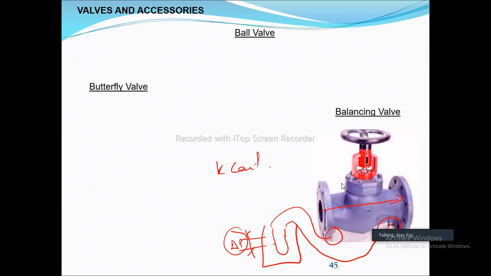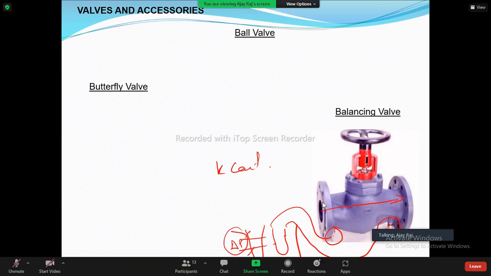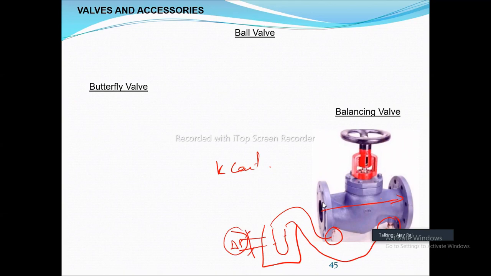So if I put a balancing valve, that balancing valve will ensure that in any circumstance, the flow across the chiller will not go beyond 300 GPM. It will always be 300 only, or it can be less than 300. I hope it is clear.